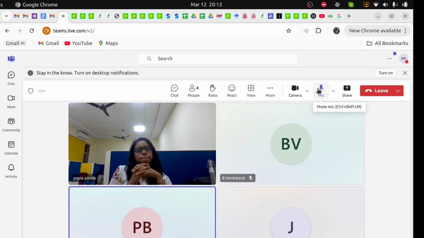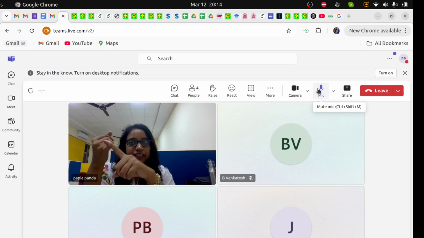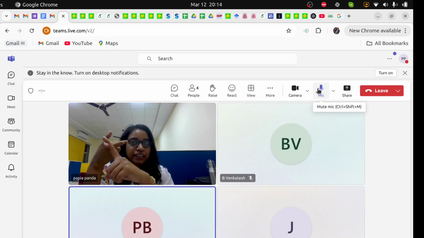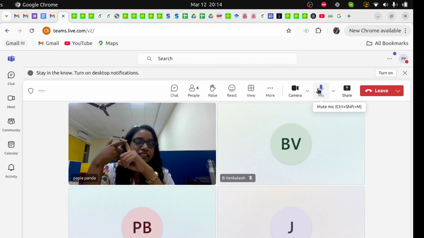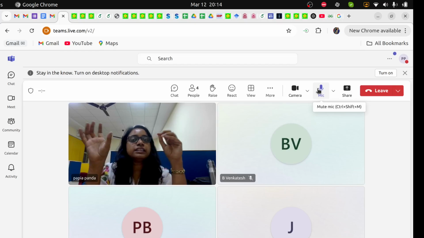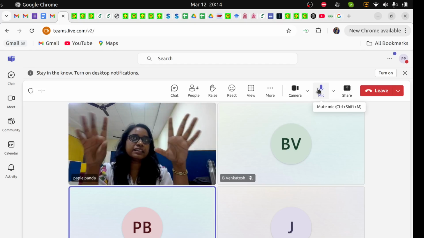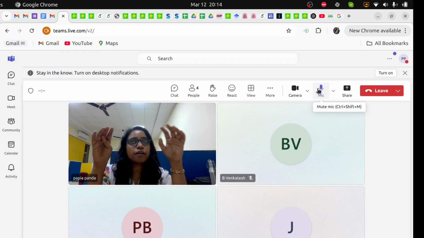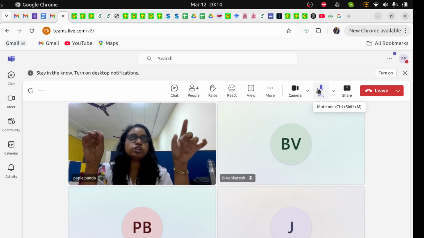You want to tell that any keyword in Python is a class? No. Any keyword is not a class, but see integer, boolean, float, string. What are these? These are just representations of our variables. Like we just want to represent x as float. That's why I am writing here x equals 2.5.